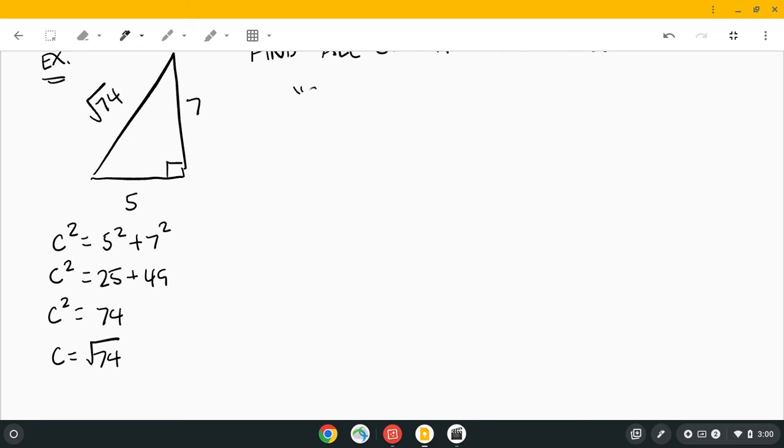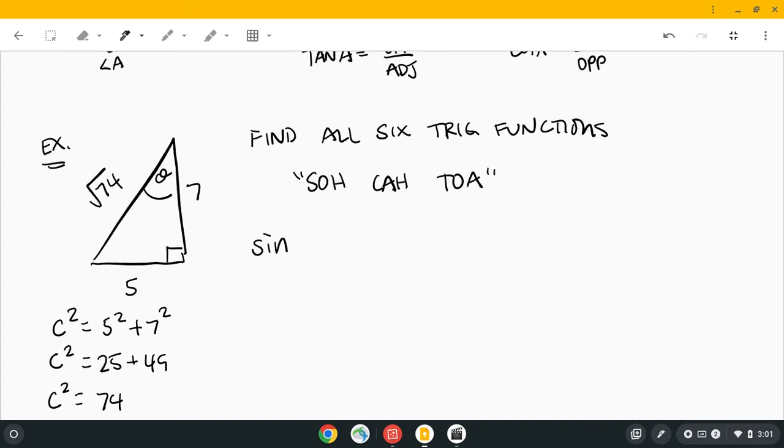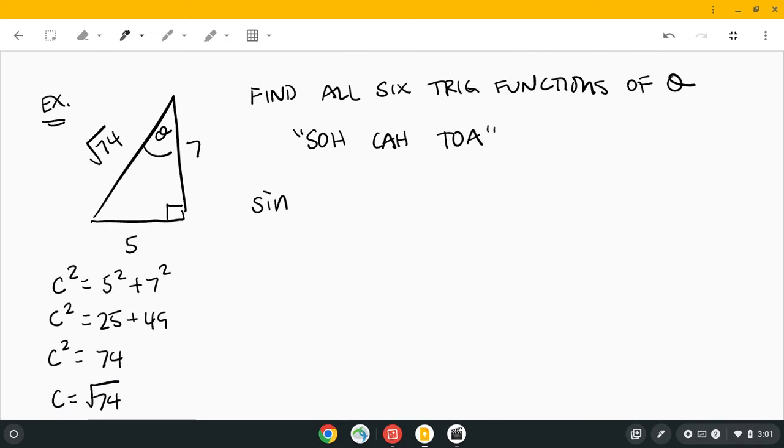And now I can use SOH CAH TOA. Let's pick an angle. You know what? I'm going to pick this one over here. Find all 6 trig functions of theta. But these ratios here still apply.